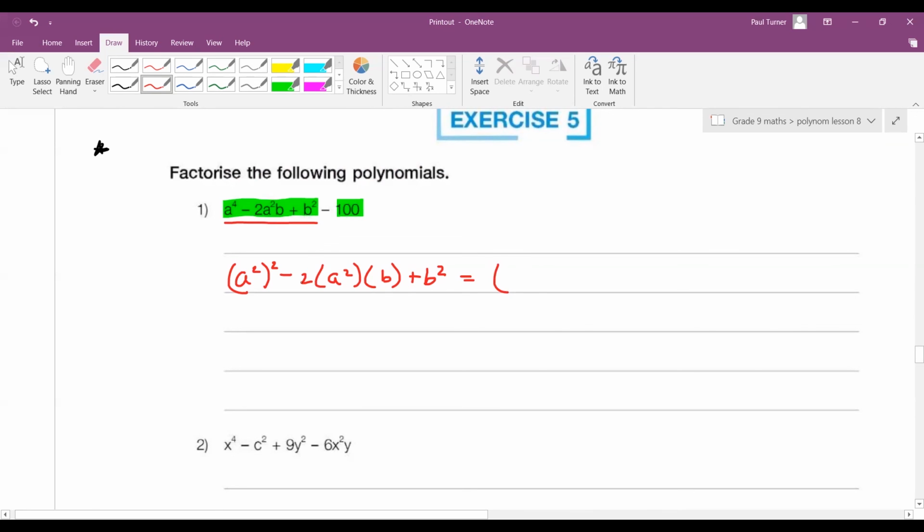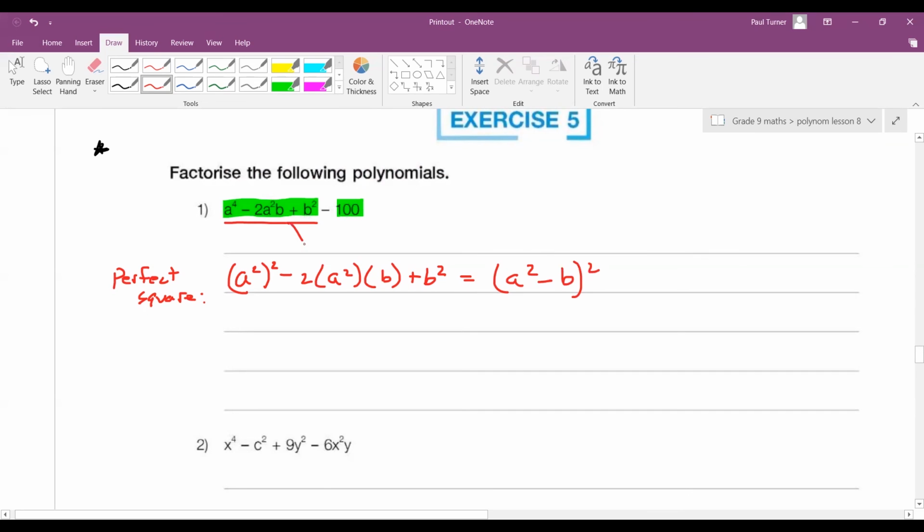Yeah. So this is a perfect square, as in one of the examples back there. So that can be written as a squared minus b all squared.